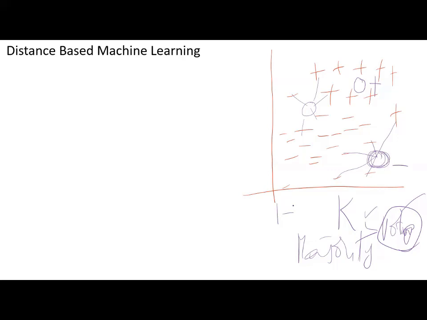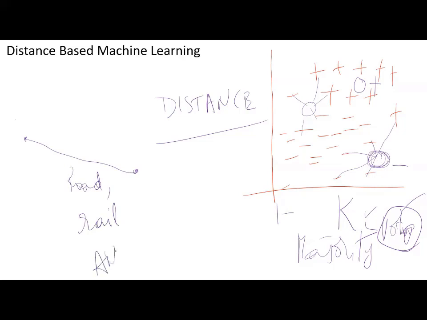This is where we use distance, my dear friends. Now, there are many kinds of distances. For example, what is the distance between one point and another? This is road distance. There will be rail distance and air distance. By road, you have to reach the destination from the source via the available road only.